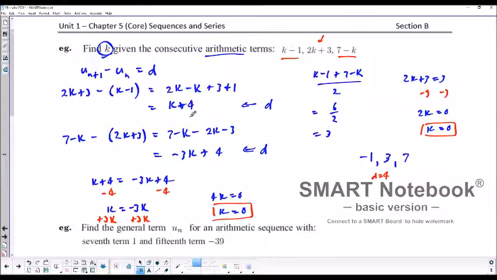And then if you were to substitute k equal to 0 into the formula for the common difference, we get k plus 4, k is 0, so d does equal 4 in both cases. Okay, so we're trying to find k, and in 2 different ways, we found that k equals 0.